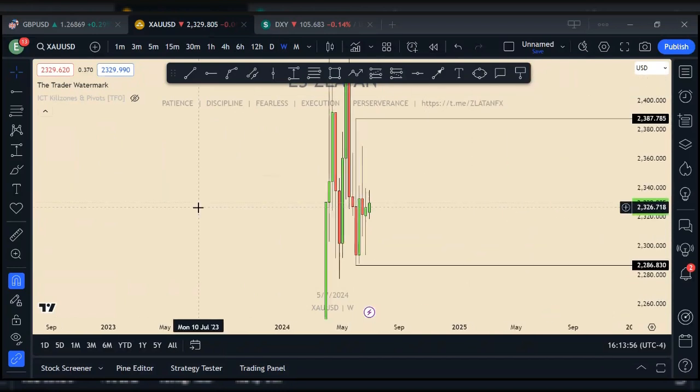Did we close back into the range, meaning back into the body of that candle? Or did we displace lower and close below? If we displace back into the range, that's a sign that we might go back to the 50% and probably to the high of that candle.